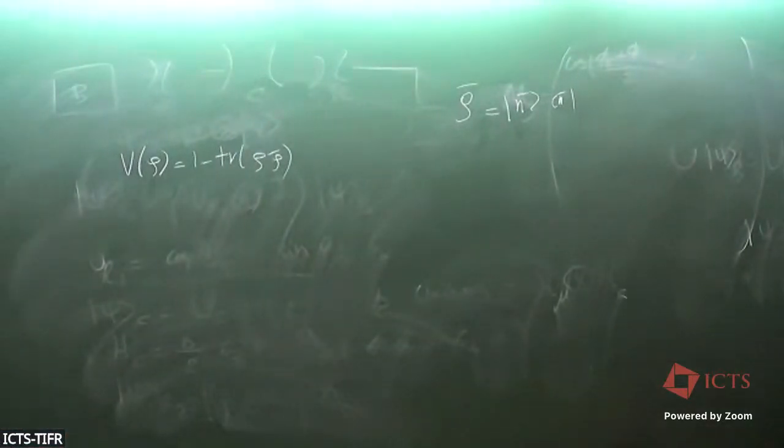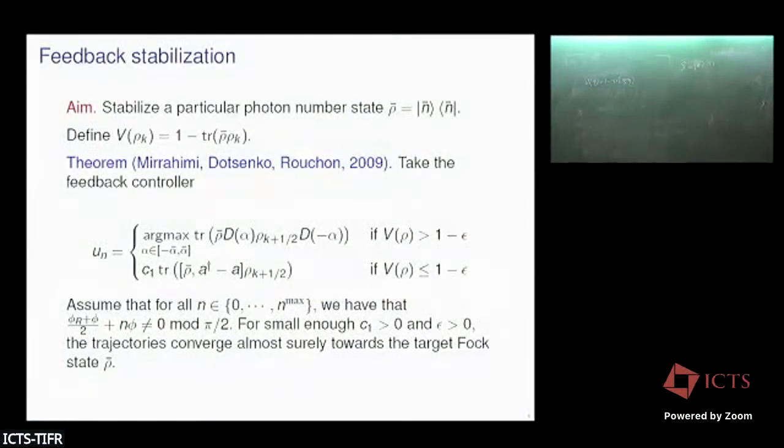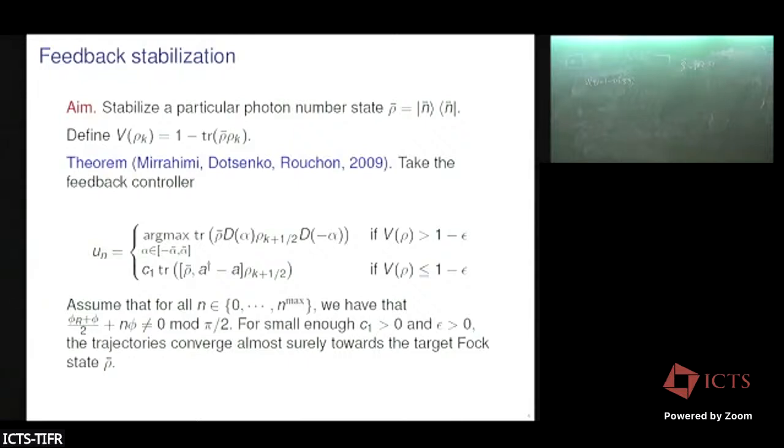Okay. Then in this paper, they proposed in 2009 the feedback like this. So I will explain to you intuitively why such a feedback could work. In control theory, we talk about the Lyapunov, but you don't need to know really about it.